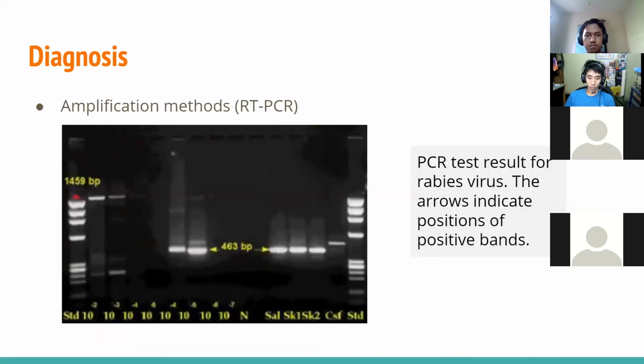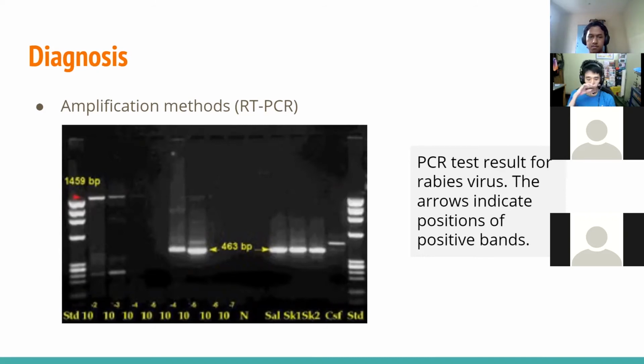Next slide. The third is the amplification method, reverse transcriptase polymerase chain reaction, RT-PCR. For this procedure, the rabies virus RNA can be enzymatically amplified as DNA copies. The rabies RNA is copied into a DNA molecule using a reverse transcriptase.